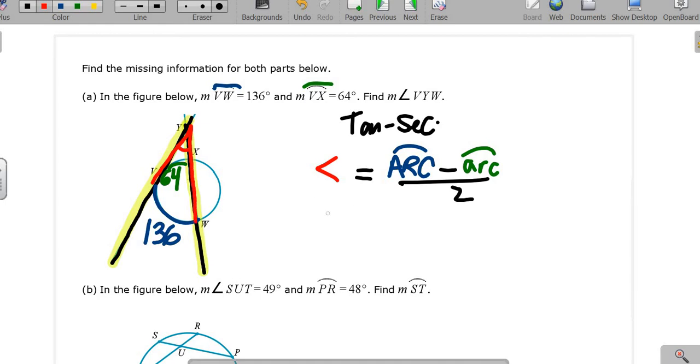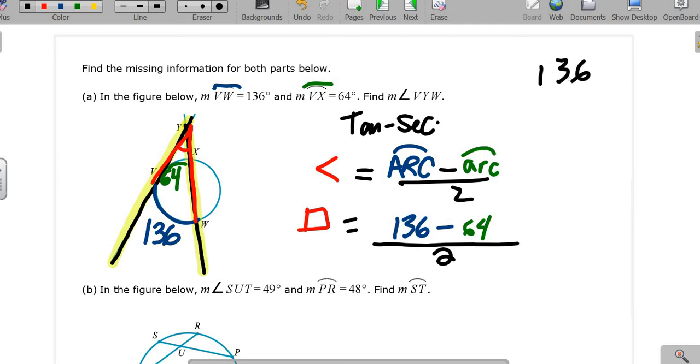So our angle is unknown, equals big arc 136 minus little arc 64 over 2. 136 minus 64, and we get 72 degrees.